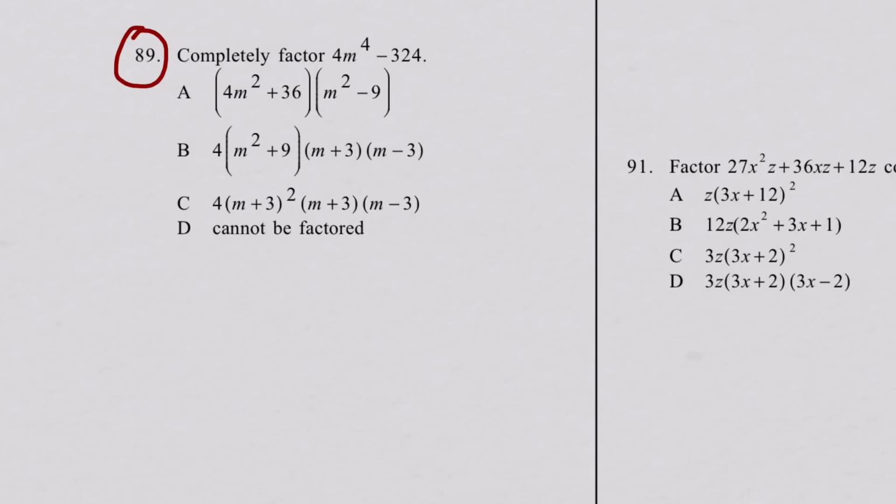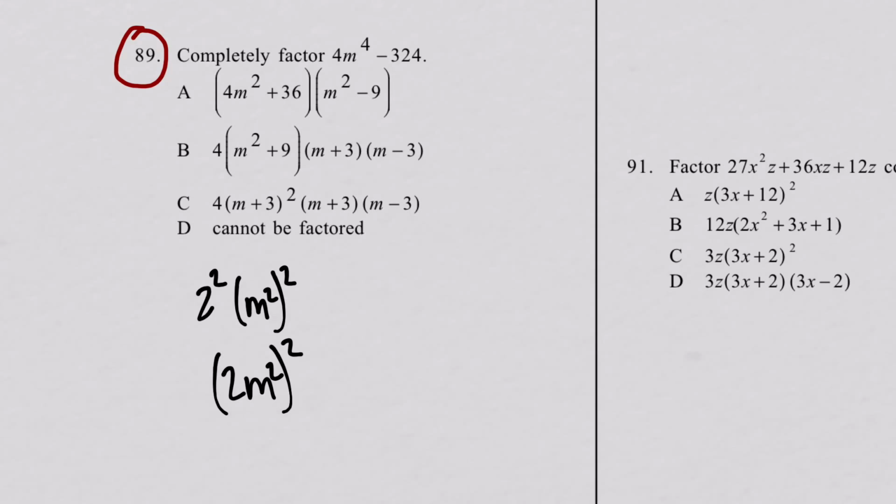Okay, now in order to factor this, you need to be able to identify that 4m to the fourth is a perfect square, because 4 is a perfect square, it's 2 squared. And m to the fourth is a perfect square. It's basically taking m squared and squaring it, right? So since both of those two things are a perfect square, that means that the whole thing is basically 2m squared squared.